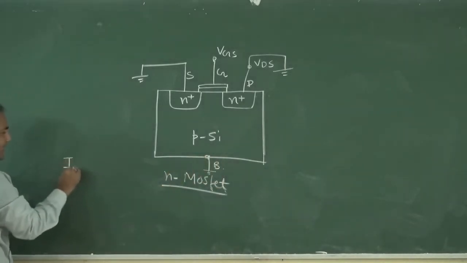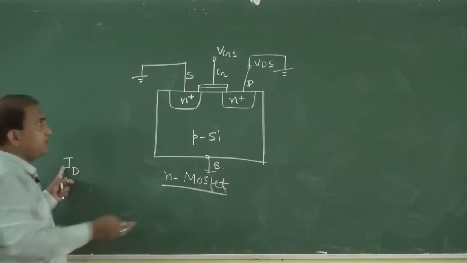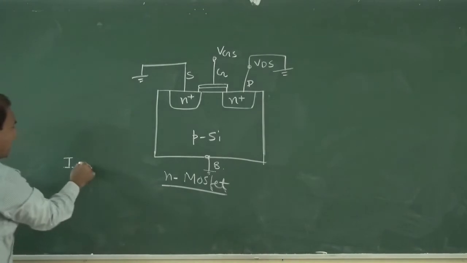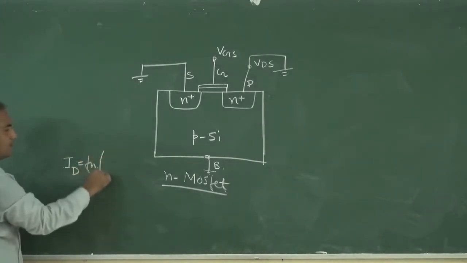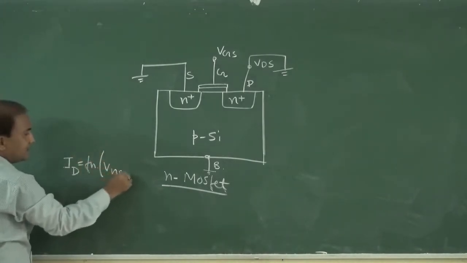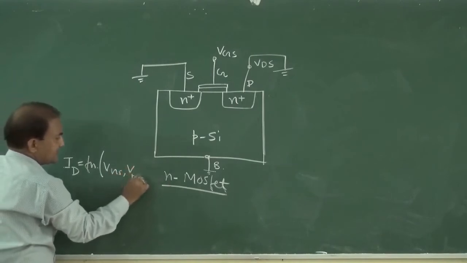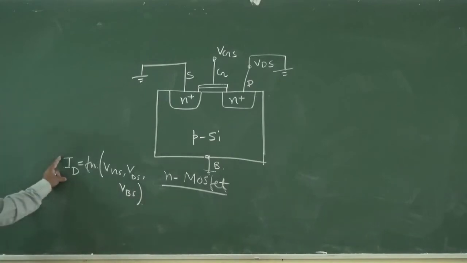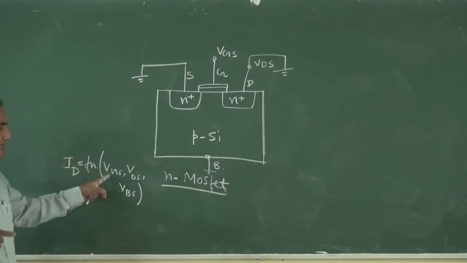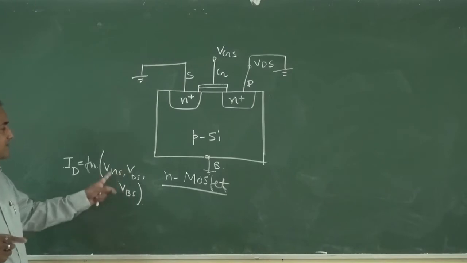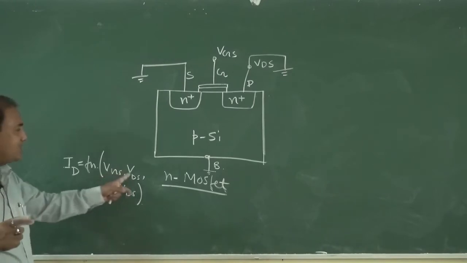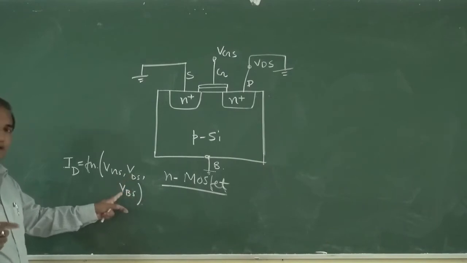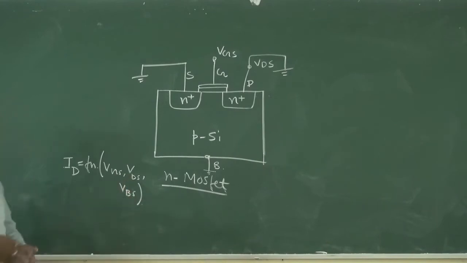Now the drain current, that is ID, is a function of VGS, VDS and VBS. VGS stands for gate to source voltage, VDS stands for drain to source voltage, and VBS stands for body to source voltage.